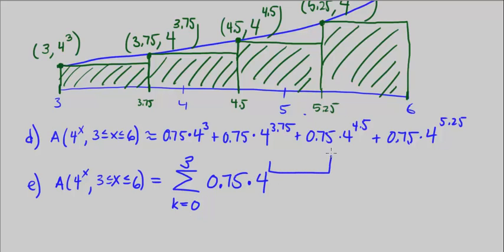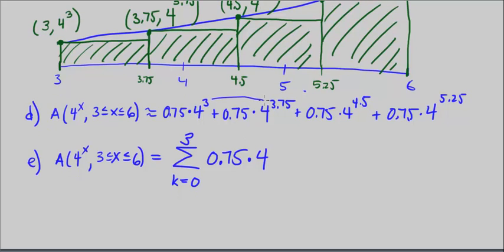So we just need to find this exponent here. To do that, we notice that it's a linear series because the width of each rectangle is 0.75, so we're adding 0.75. So it's in the form of y equals mx plus b, because it's a linear series.